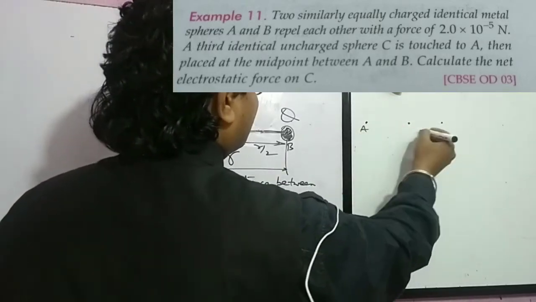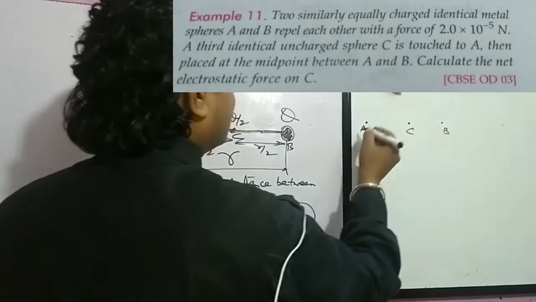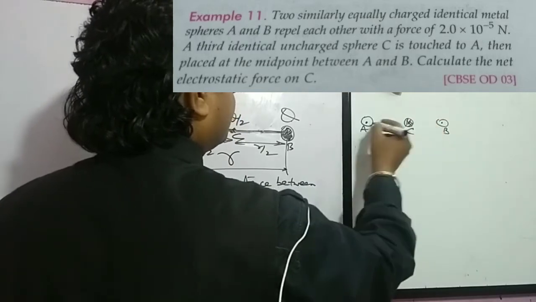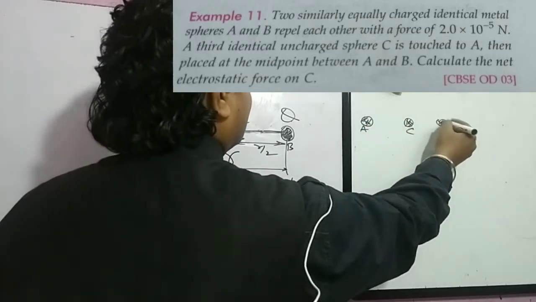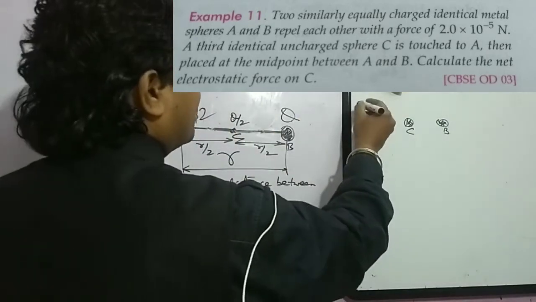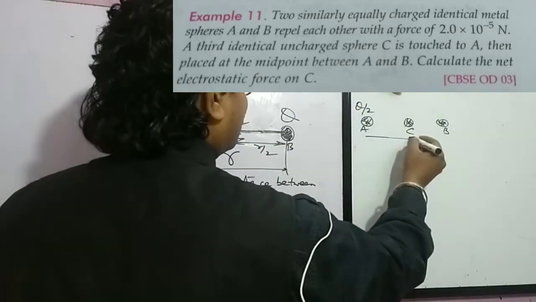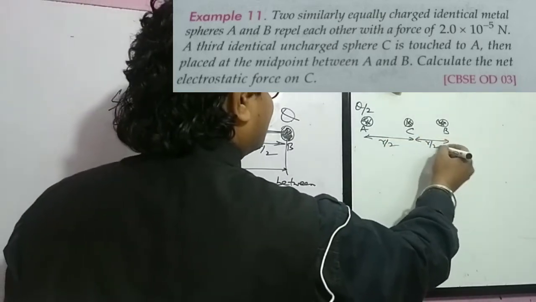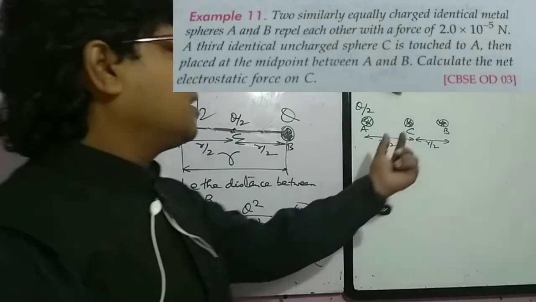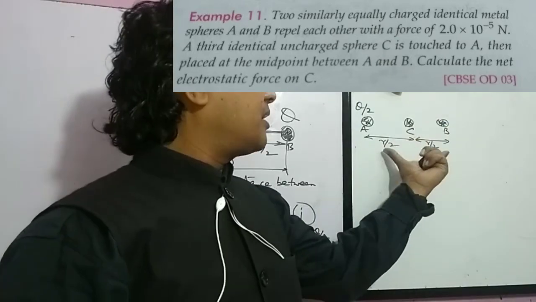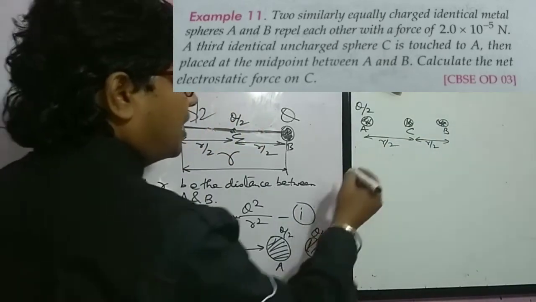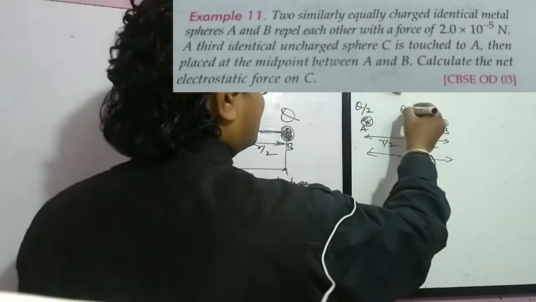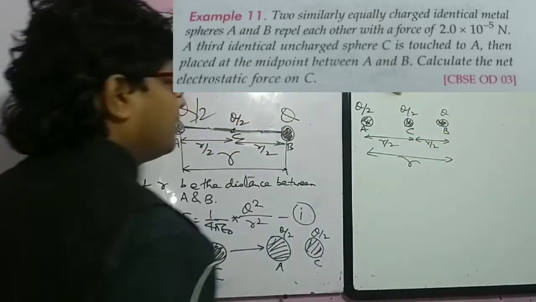This is A, B and C. So the distance is r by 2 and r by 2, because C has been kept in the middle of the path between A and B. So the whole distance is r. Now this is Q by 2 and this is Q, right?